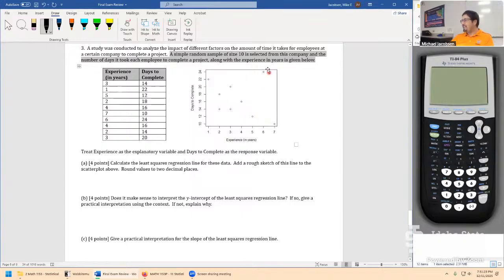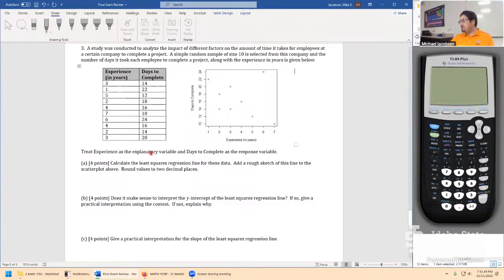Except for this one guy. There's this one person with 6 years of experience that completed the project in 24 days. Maybe that's workplace apathy, or maybe he's just such an expert that he's become a perfectionist and it takes a while to get through the project. Who knows what's really going on? But this point right here stands out as an outlier for sure on these data.